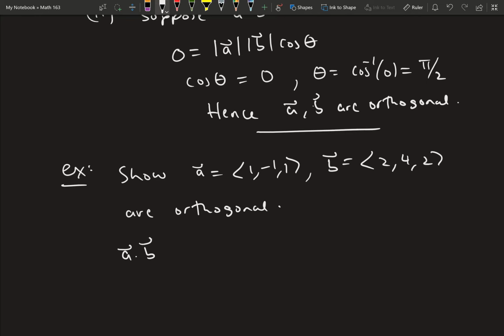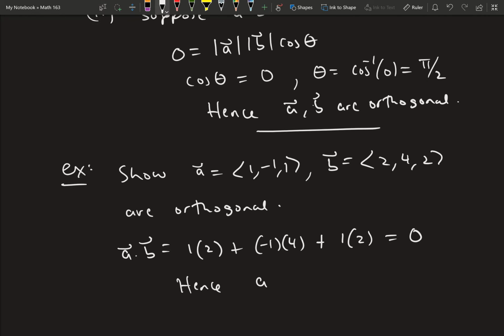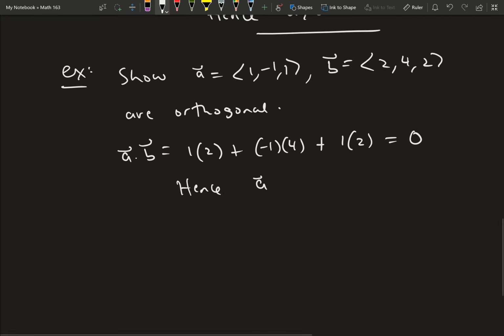And notice that A dot B is 1 times 2 plus negative 1 times 4 plus 1 times 2, and that indeed is 0. That's it. Hence, A and B are orthogonal. Okay. So this is a nice way to show that things are perpendicular.